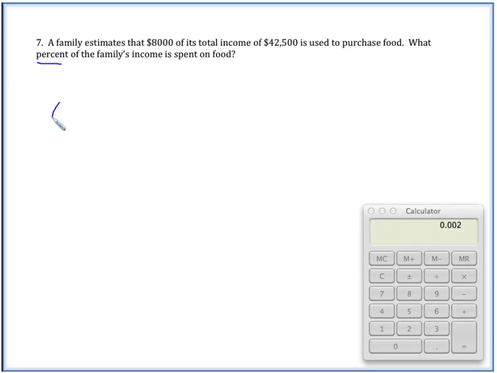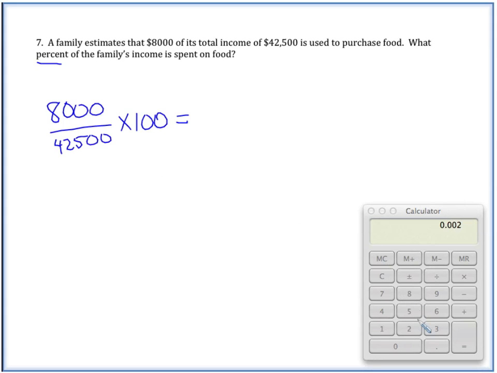Well, right now we know that 8,000 out of a total of 42,500 is spent on food. Now if we divide these two and multiply by 100, that gives us a percent. Okay, so we're basically taking this and putting it as a ratio of something to 100.